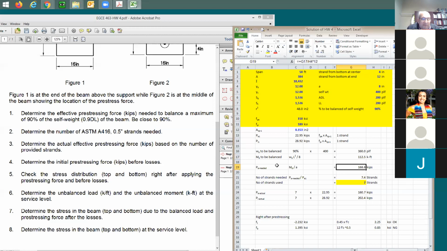Each strand, this is gonna be effective or what? When you balance this, is this gonna be effective or instantaneous? The initial level. This 168, is this at the time of pre-stress or is this at the service load? When we do the balance, do we do it at the service load or at the initial pre-stress?